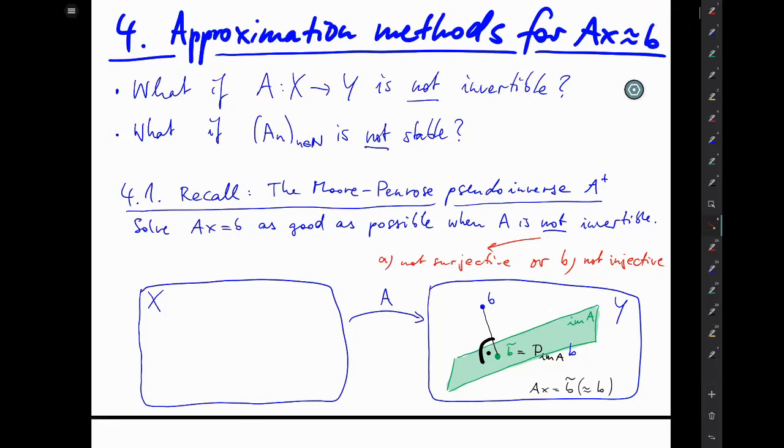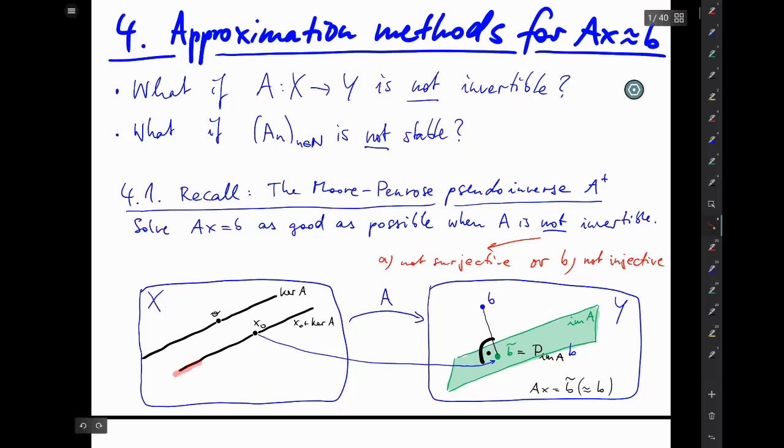Let's denote one of the possibly many solutions by x0. And we know that the set of all solutions of this inhomogeneous linear equation here is given by x0 plus the kernel of A, which is just the kernel of A translated onto the particular solution x0. And now out of these many solutions here, you want to pick the one that has smallest norm, so that is closest to 0, and you can kind of see that it must be over here.